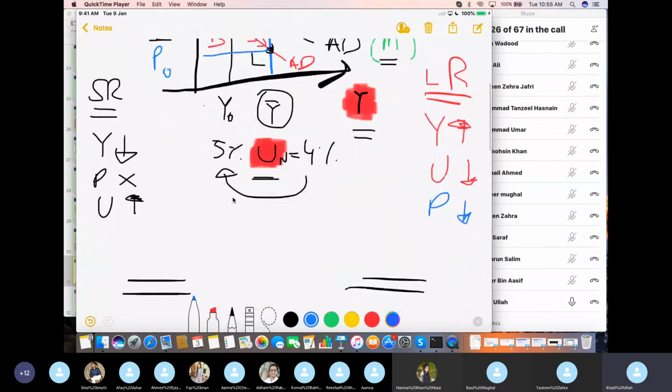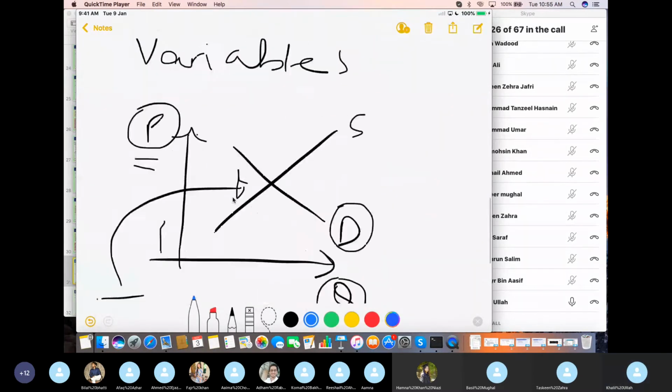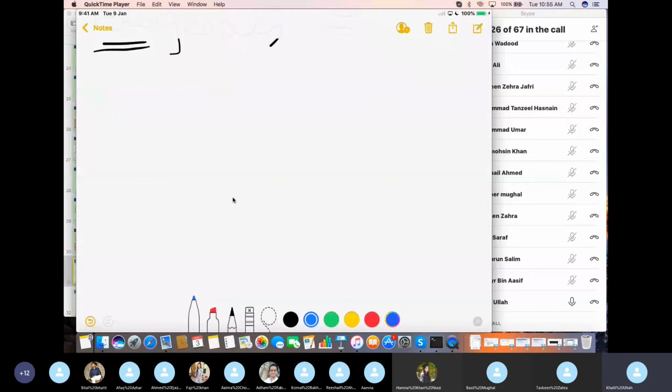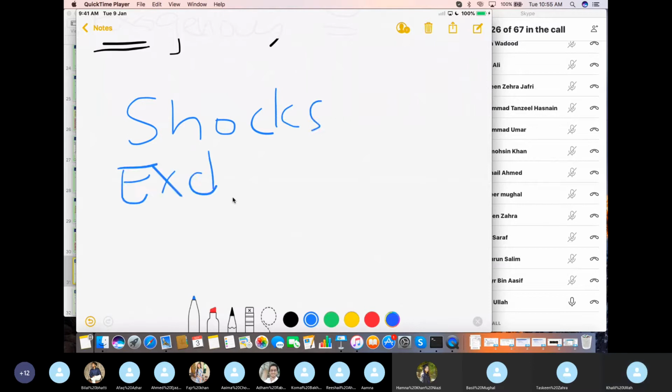Now, there are many types of shocks. Since we just discussed what shocks are: exogenous changes in exogenous variables that impact the economy.